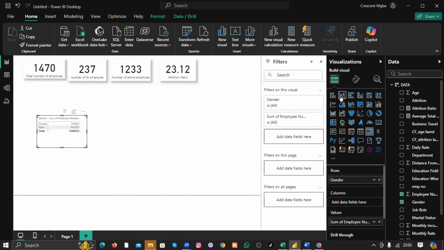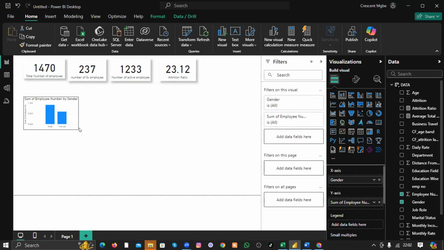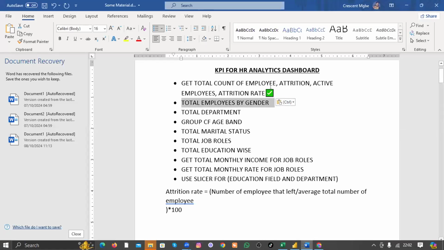So you just represent it with this. From here, you can see that we have more male than female working in the hospital. That's what it tells you. Then we'll go back again. Let's copy this. We are done with this one.